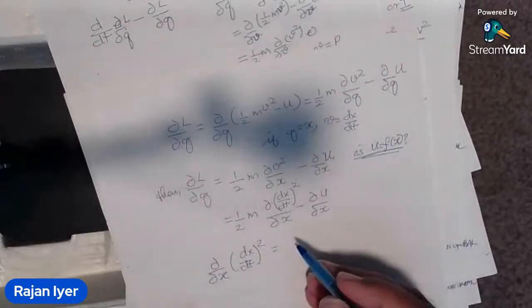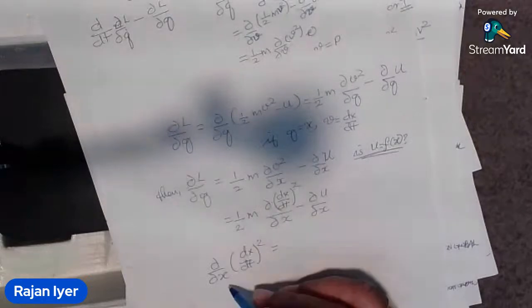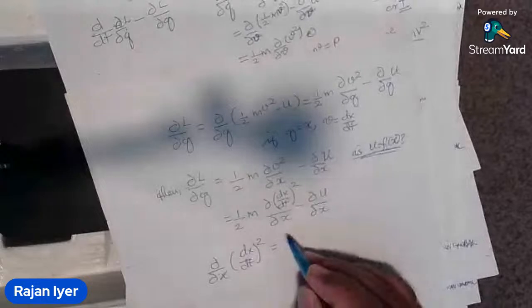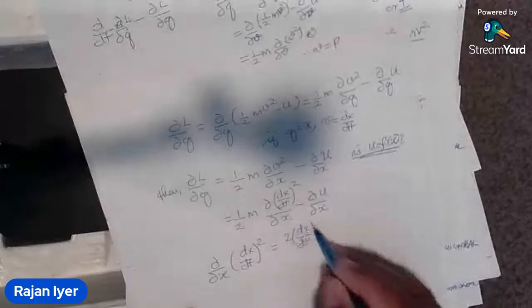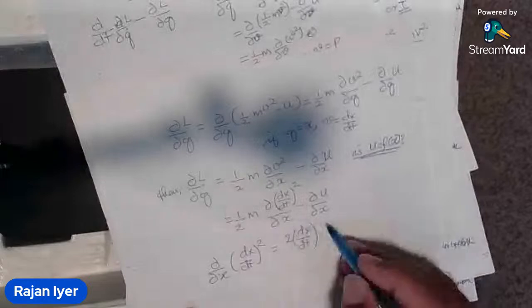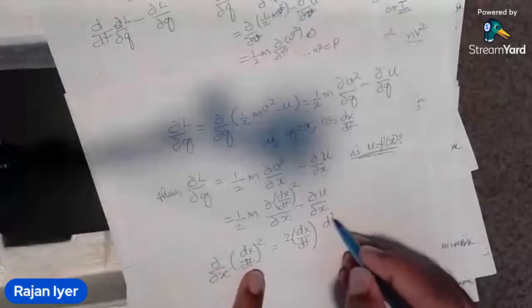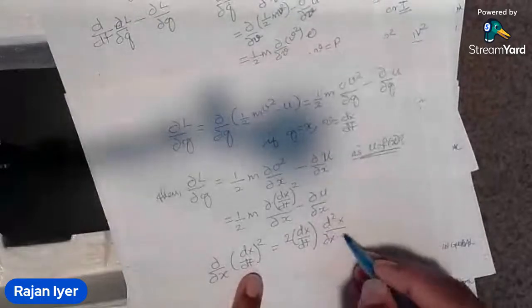So if I differentiate with respect to x now, I get 2 dx by dt. Then I differentiate with respect to x, I get d squared x over del x dt, right?